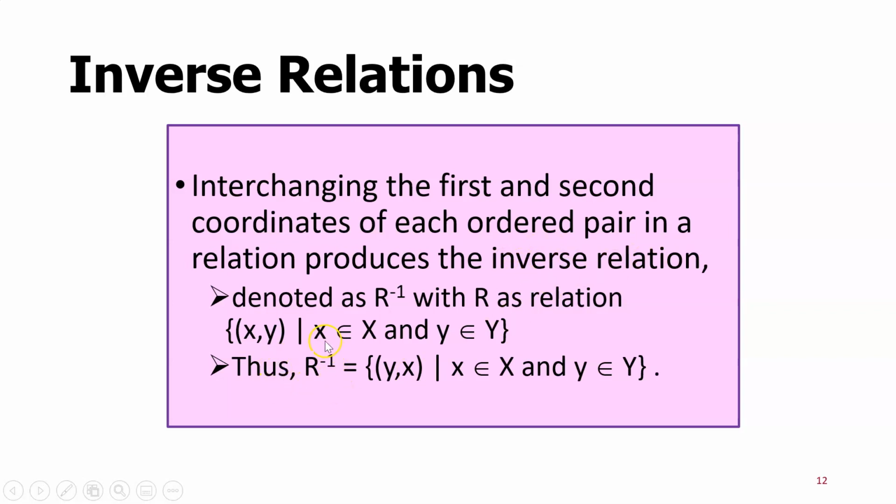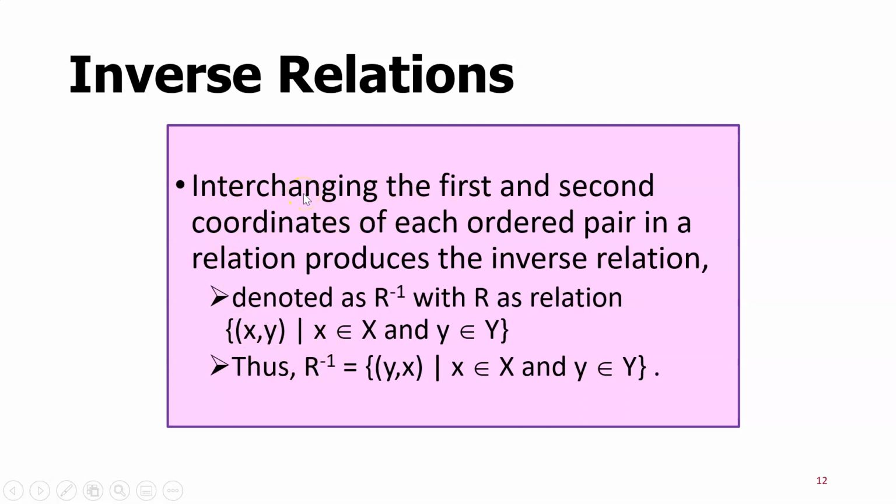which means that hubungan sonsang, or the inverse relation, is denoted as R to the power of -1. Our original relation is this one. The inverse will be R^-1. So in the original relation you have x and y like this coordinate. When you have the inverse relation, you see we have interchanged the first and second coordinate.